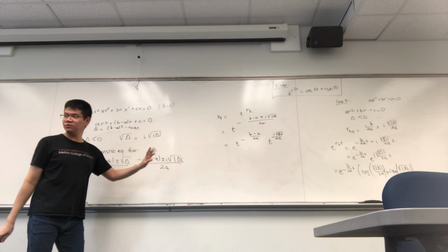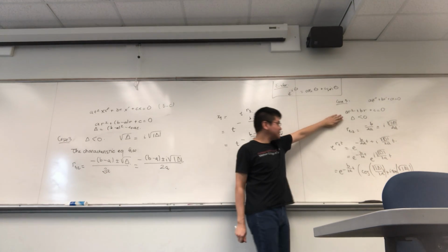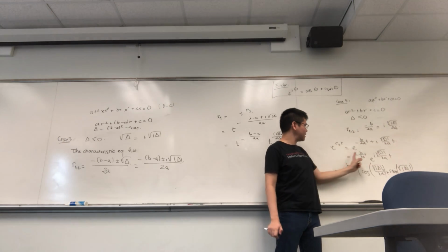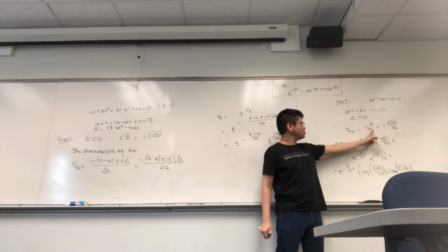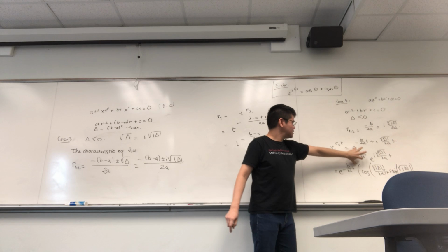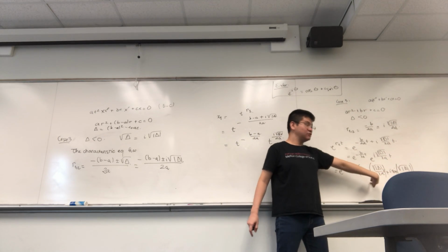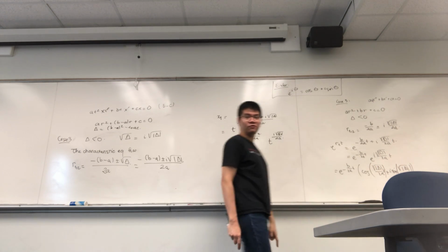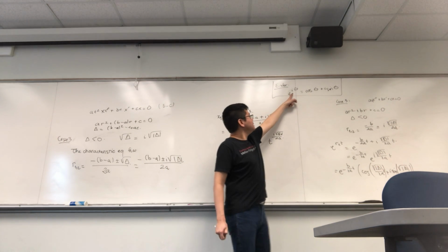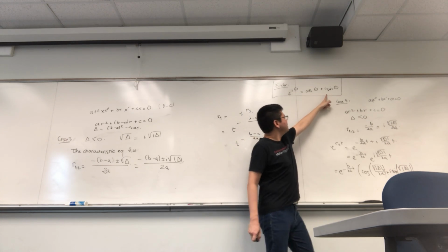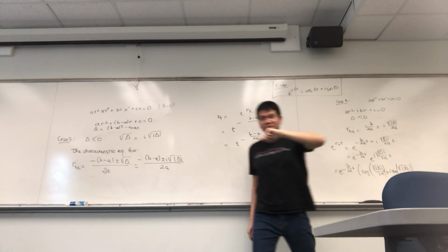In the previous case, when delta is negative, you have 2 complex roots. The first one is minus b over 2a plus i square root of delta over 2a. The real part you take to be an exponential, and for the imaginary part you use the Euler formula: e to the i theta is cosine of theta plus i sine of theta.